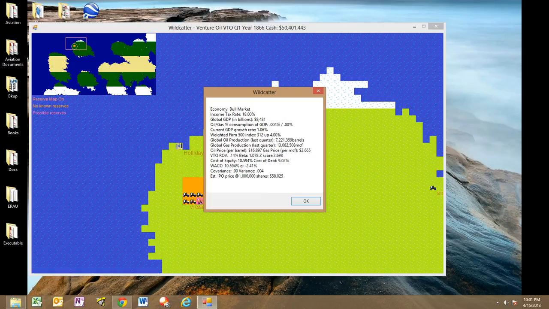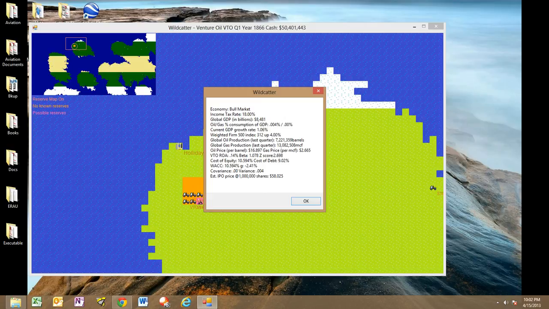So right now, because we have had some good quarters, we have a low cost of debt and a relatively low cost of equity for such a small firm. I mean, we have only $50 million in cash holdings right now. And that makes for a low weighted average cost of capital. Variance and covariance go into the beta calculation. And below that, we also can see the estimated IPO price.